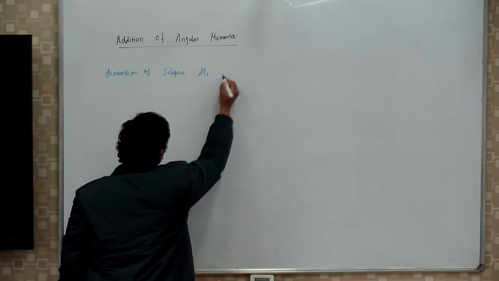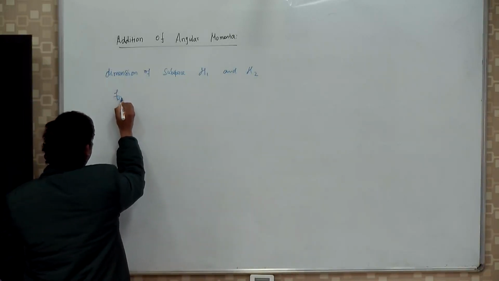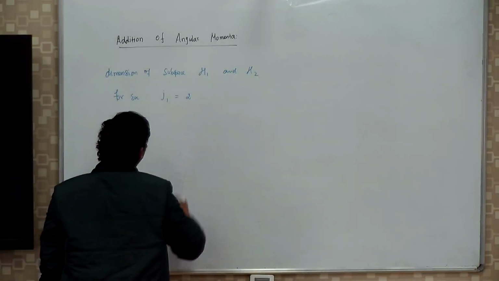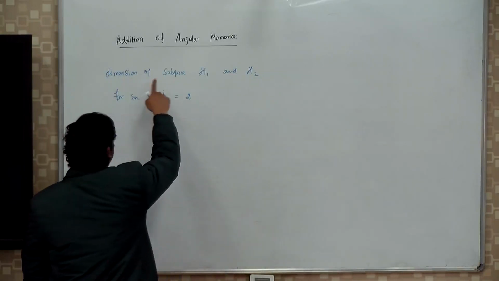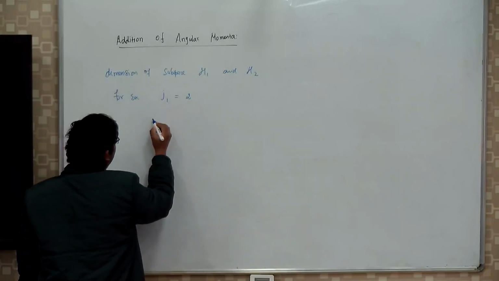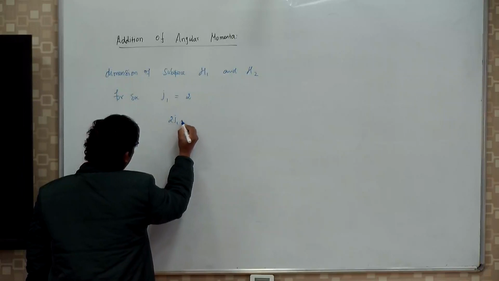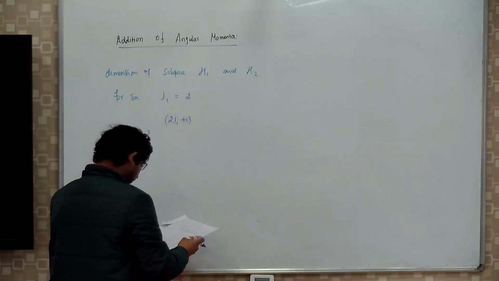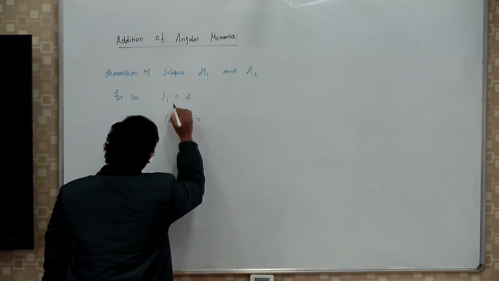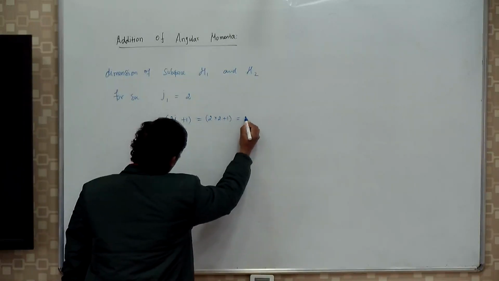Subspaces H1 and H2. For example, if J1 is 2, then the dimension of subspace H1 can be determined as 2J1 plus 1, which is 2 multiplied by 2 plus 1, giving 5.